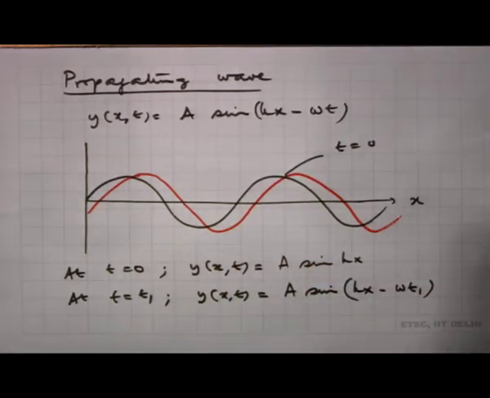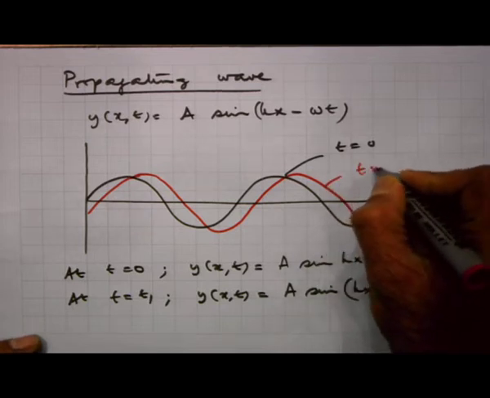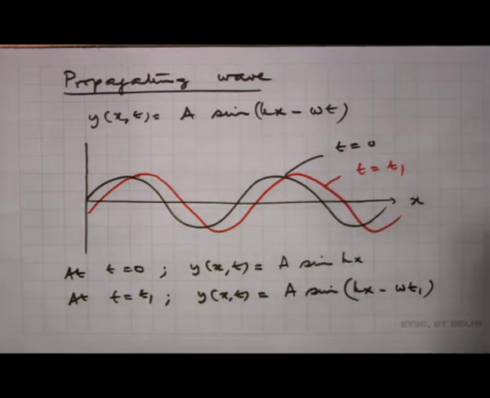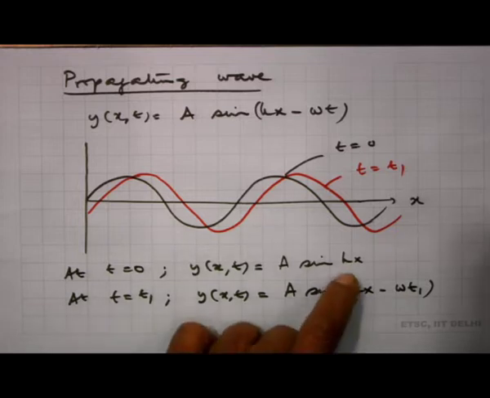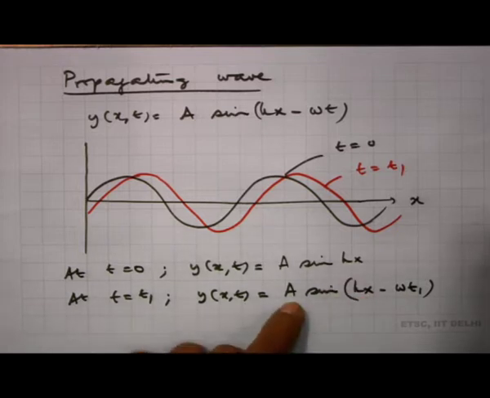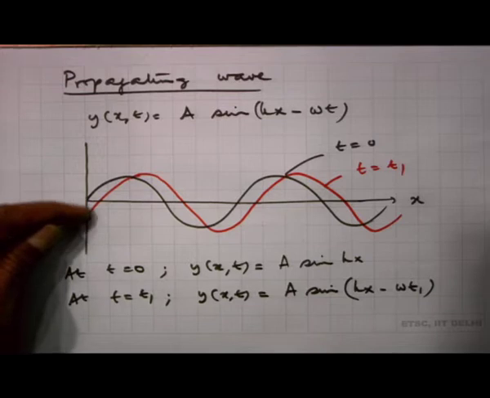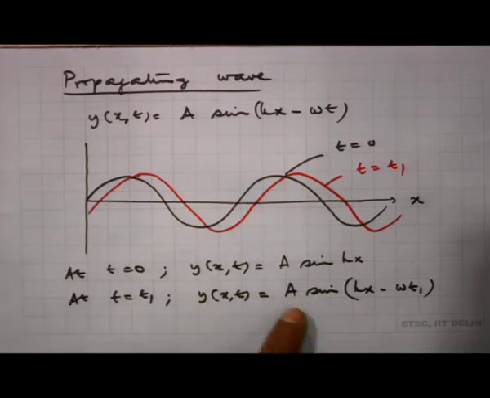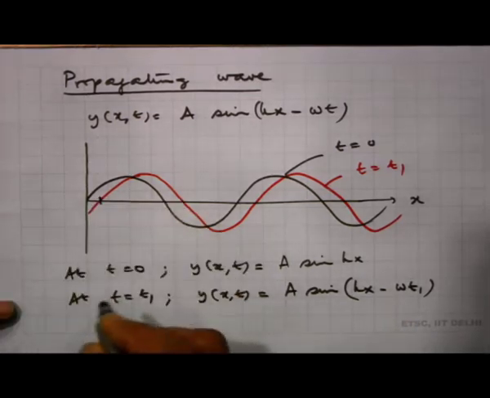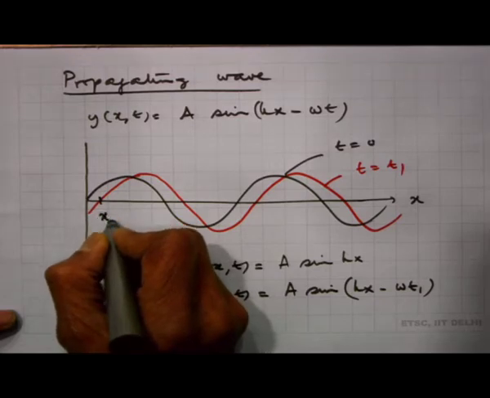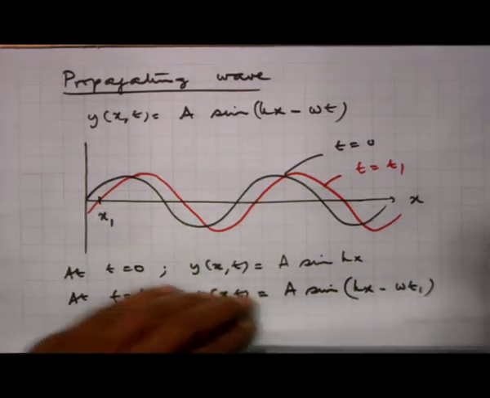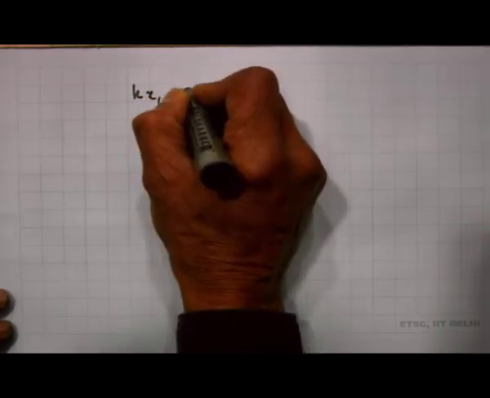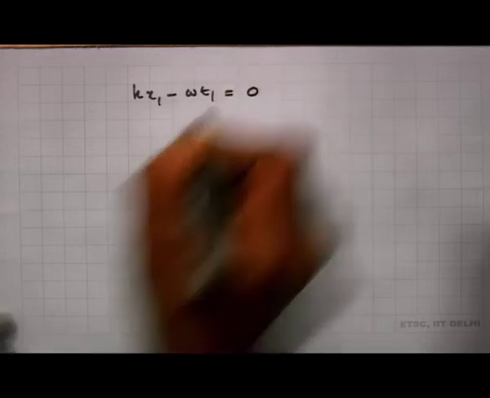So, this is at t is equal to t1. Please note that at x is equal to 0, it is now minus A sin omega t1, a negative displacement. This point has moved to this point. Suppose I call this point x1. Then x1 is such that k x1 minus omega t1 is equal to 0.